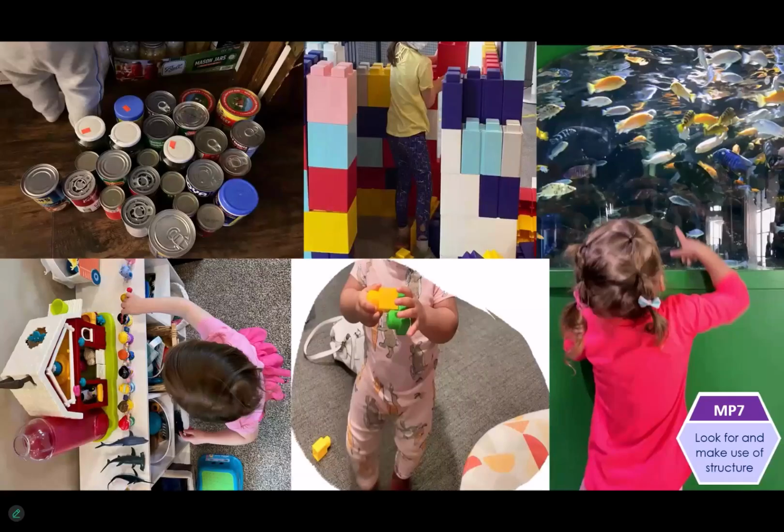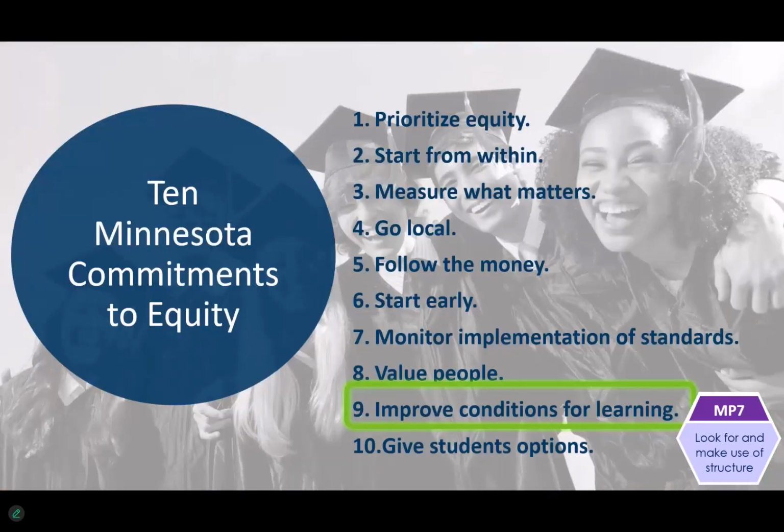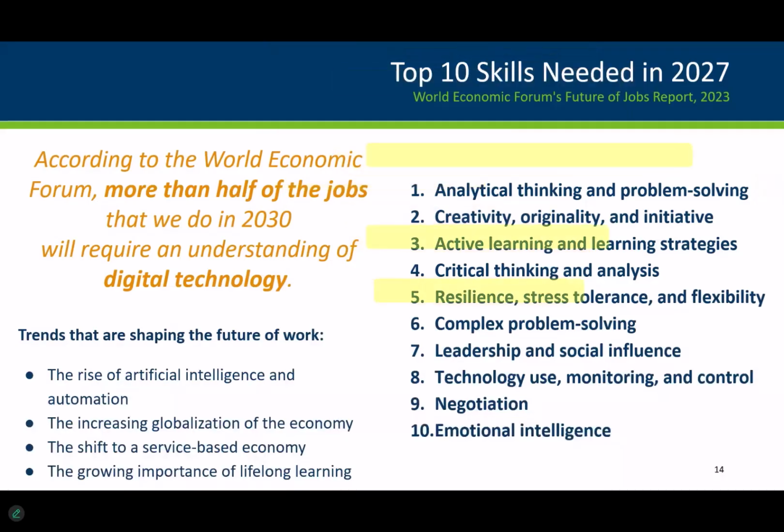As always, I want to center our K-12 students in Minnesota in the work that we do, because our goal is to improve the conditions for their learning, because we're preparing them for life after high school.